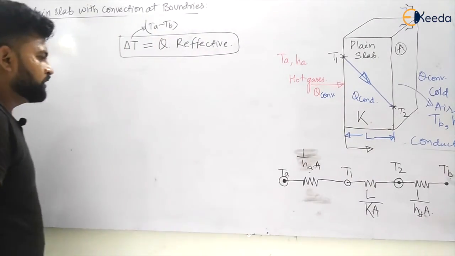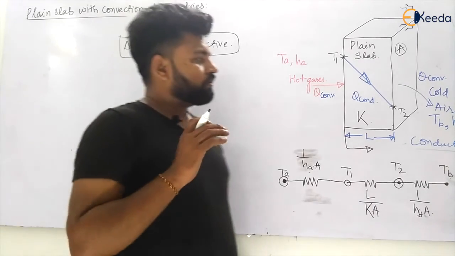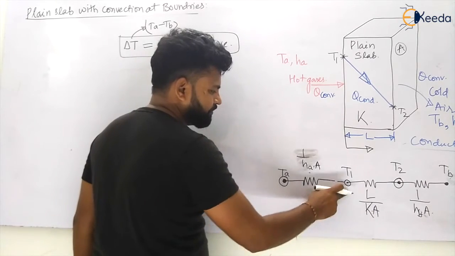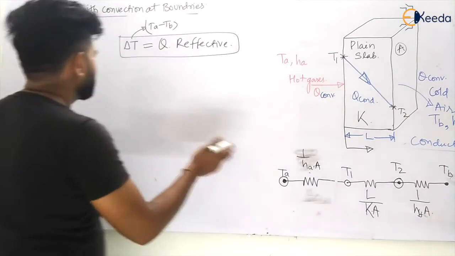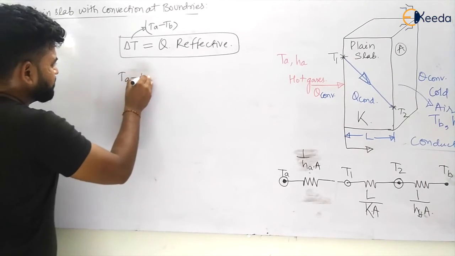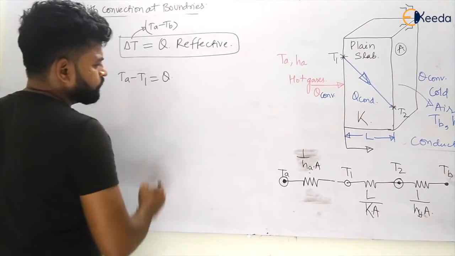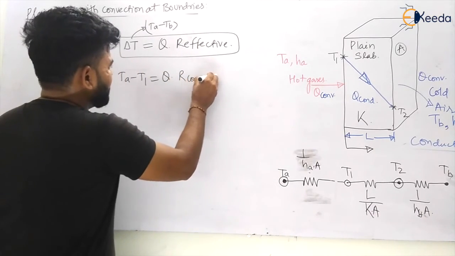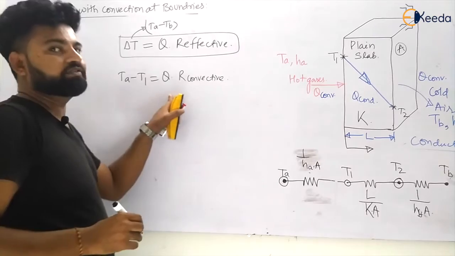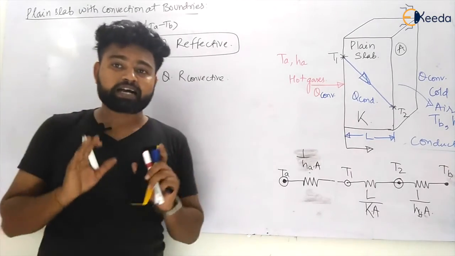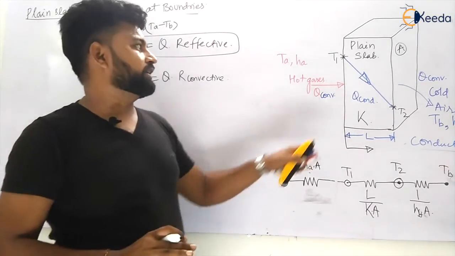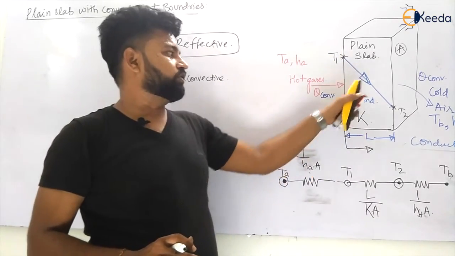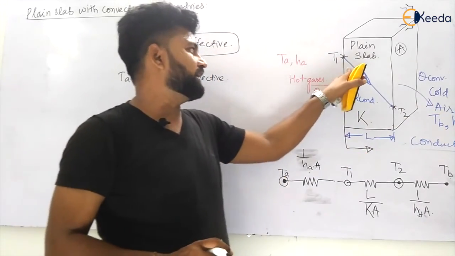Okay, my dear students. What will be the heat transfer if I take only one case, only this temperature drop, Ta minus T1? Ta minus T1 is equal to Q into the resistance. The resistance here will be R convective, and the heat transfer will not change; it will be the same. These kinds of questions are asked in GATE, when they ask for temperature T1, they have given temperature Ta, temperature Tb, and all the properties, and they are only asking for temperature T1.